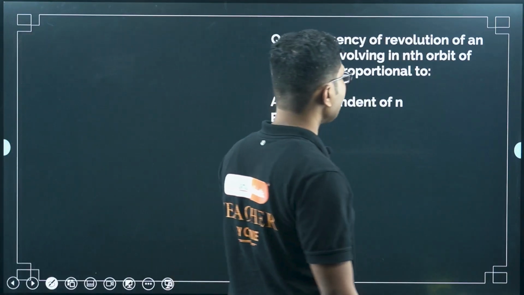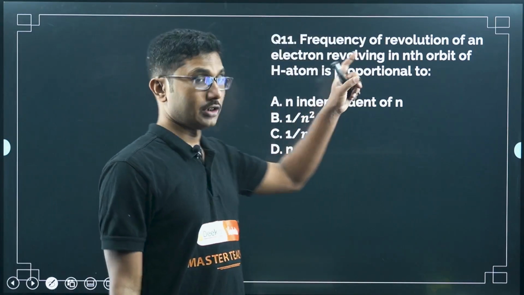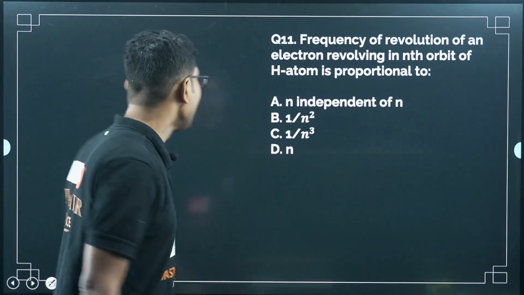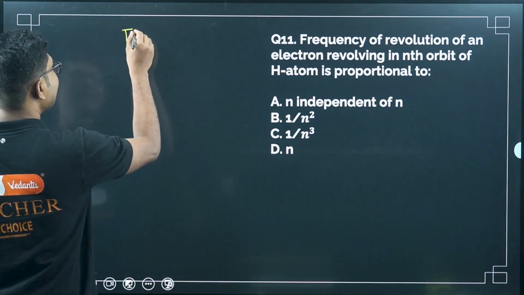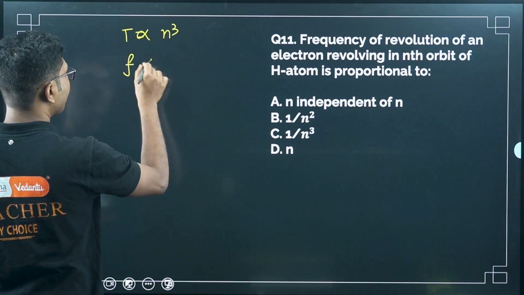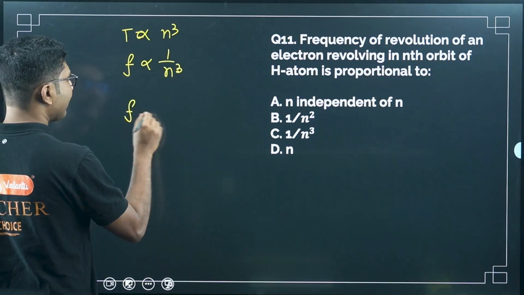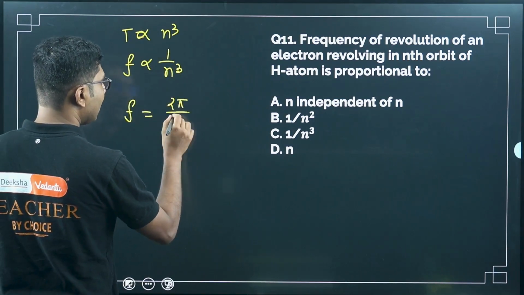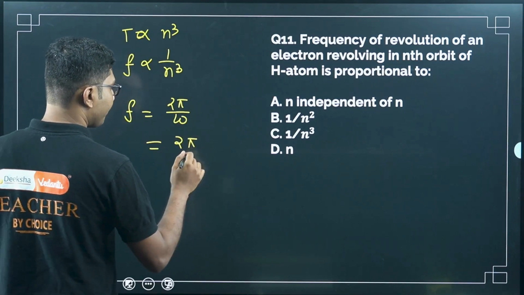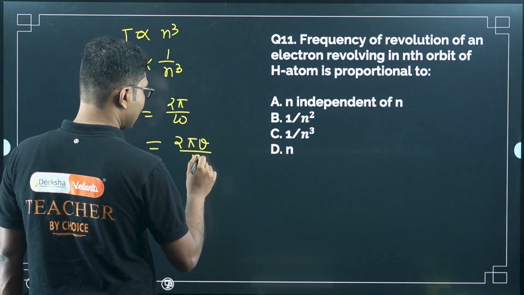Now, frequency of revolution of an electron revolving in the nth orbit of hydrogen atom is proportional to. I just told you in our previous question that this question will come very soon. We have already deduced that T is proportional to n cube. So frequency should be proportional to 1 by n cube. If you want to solve it independently, then f is nothing but omega by 2 pi, and omega is V by R. So V will go up, R will come down.